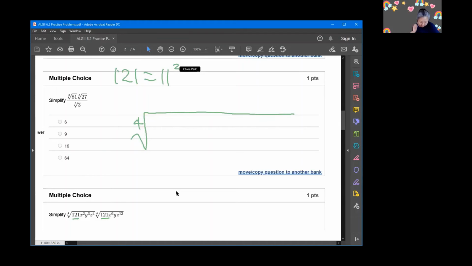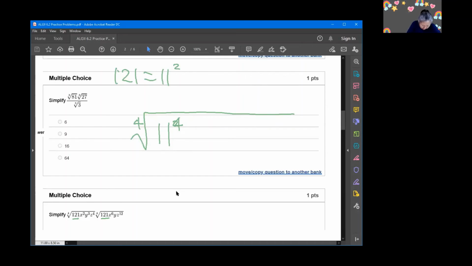Then if I multiply everything all together under one big 4th root, this is actually 11 squared to the square. So it's 11 to the power of 4, right?